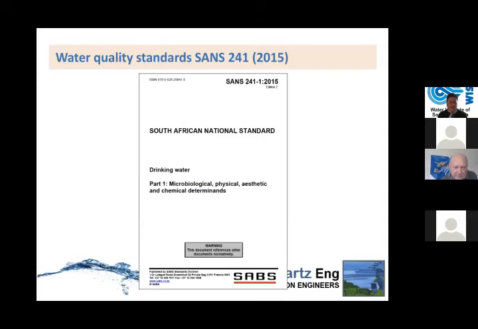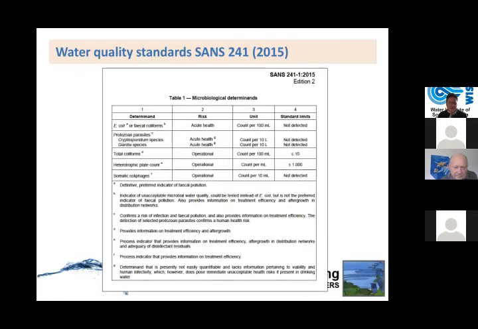So I think you should all be familiar with the SANS 241. It's what it looks like. And then just to show the tables, there's one specifically for the microbiological determinants, E. coli, protozoan parasites, coliforms, somatic coliphages, and so forth.